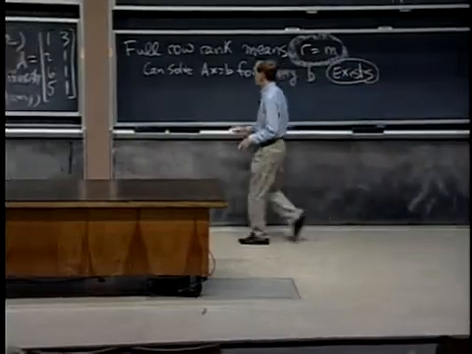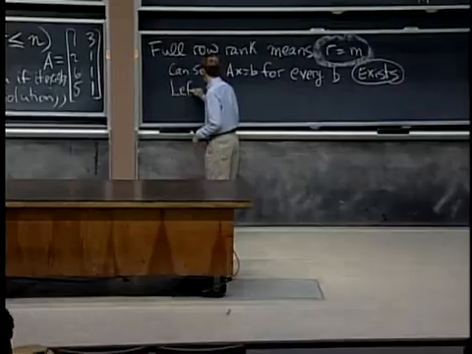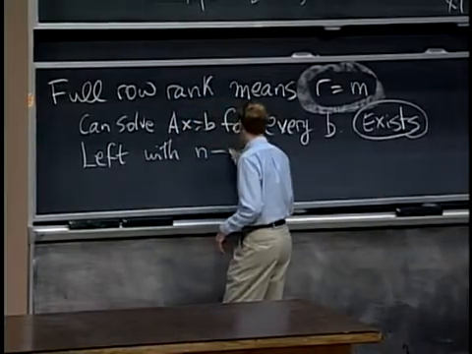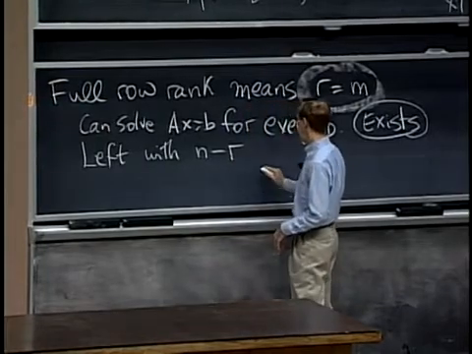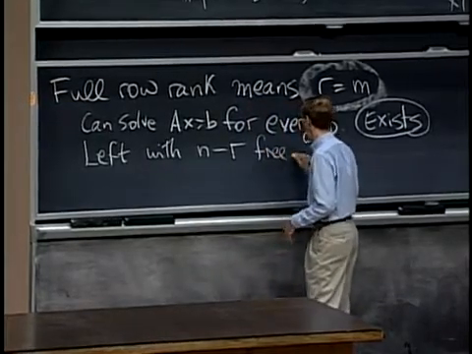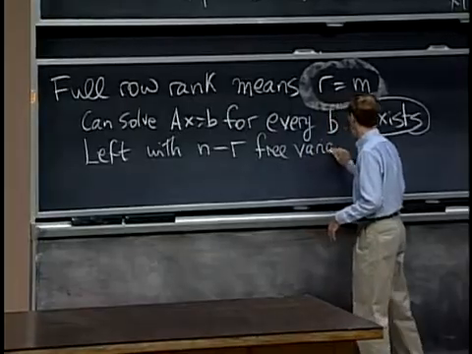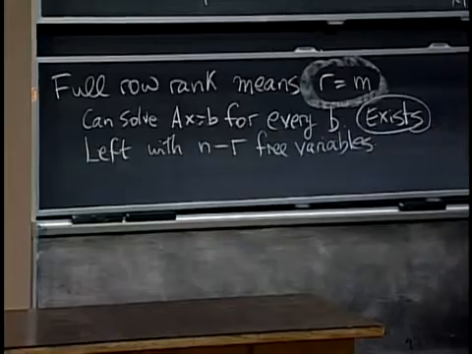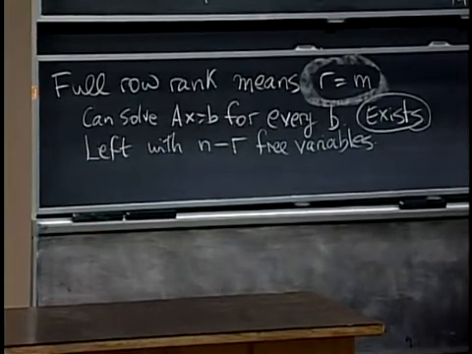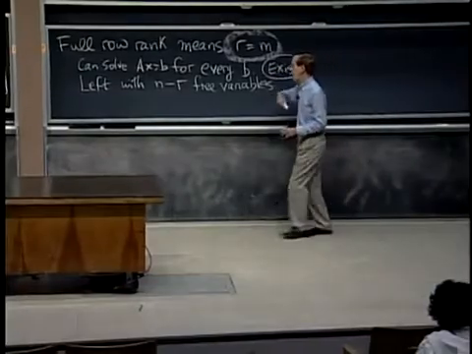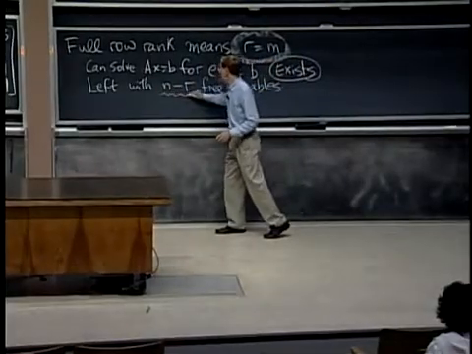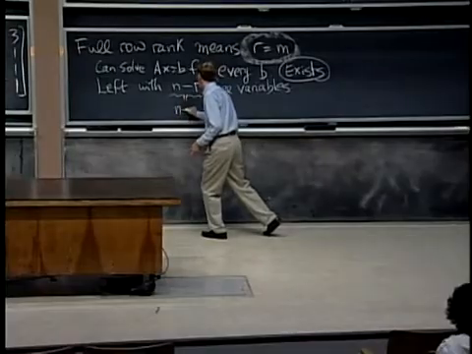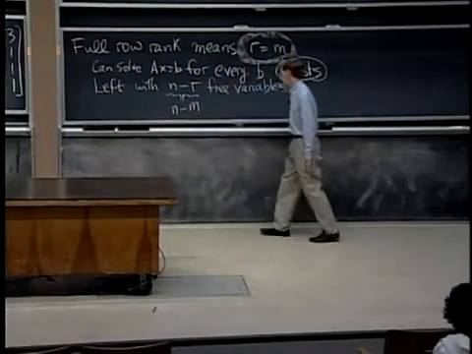So I'm left with n minus r free variables. Okay. So this case of full row rank, I can always solve, and then this tells me how many variables are free. And this is, of course, n minus m. This is n minus m, free variables.